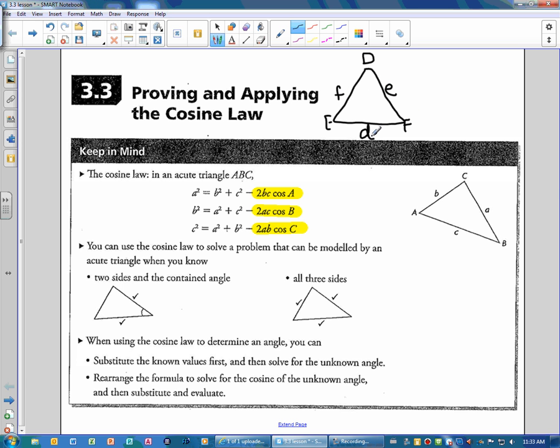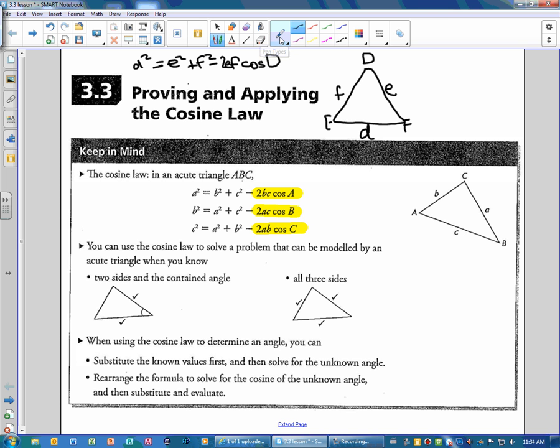So if you had different letters, your cosine law would just be set up a little different. So you could say that d squared equals e squared plus f squared minus 2ef cos D. You could say e squared equals f squared plus d squared minus 2fd cos E, and so on.